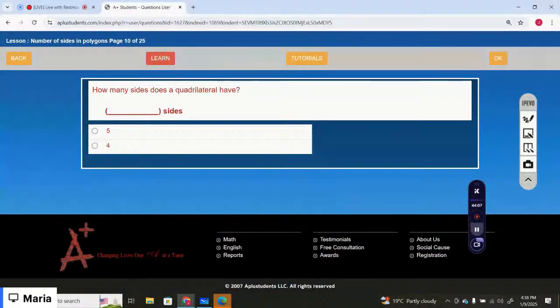How many sides does a quadrilateral have? Four sides.